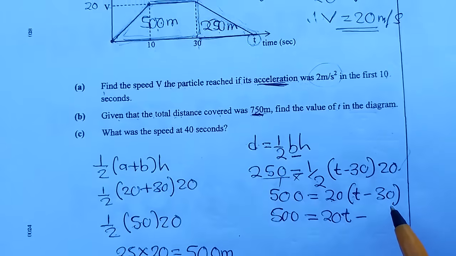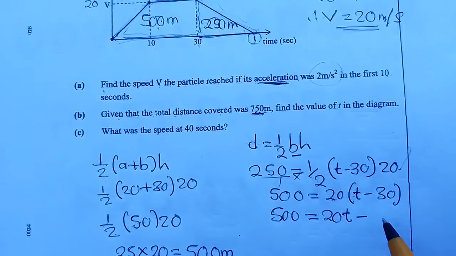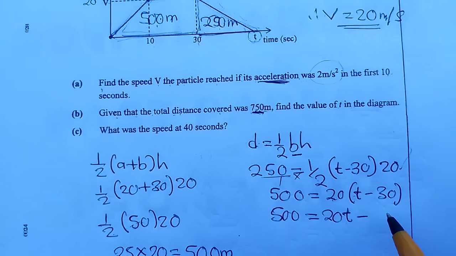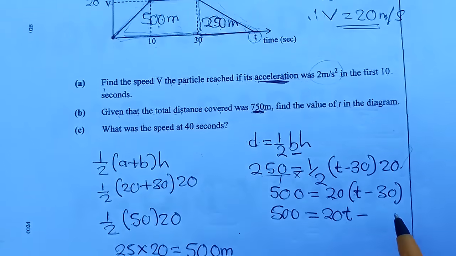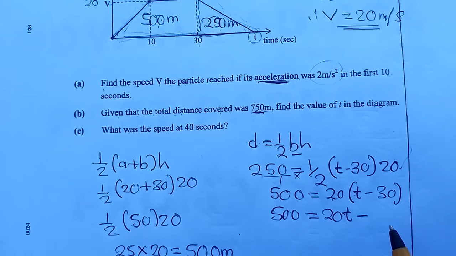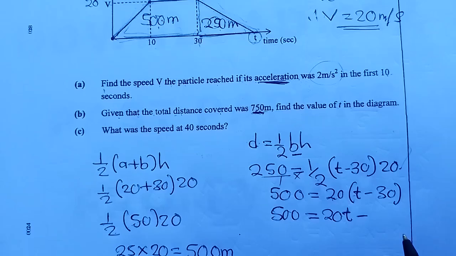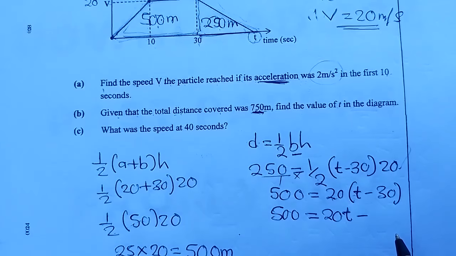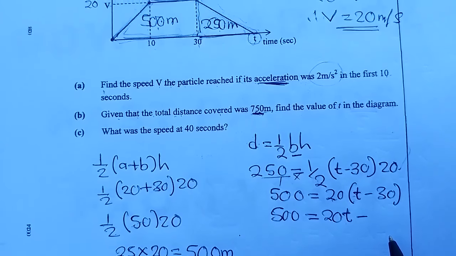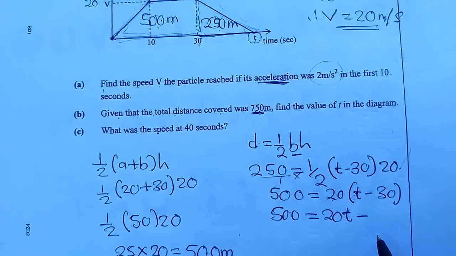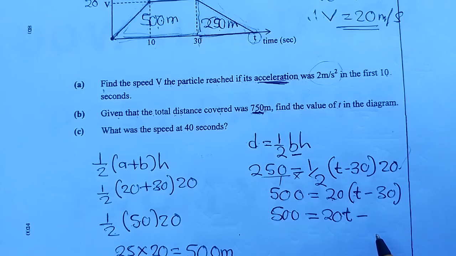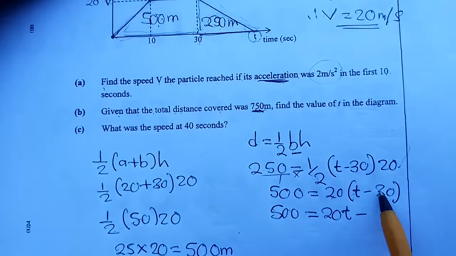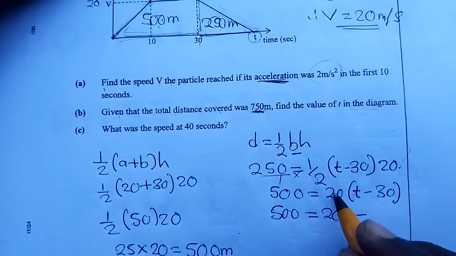So when you say 20 times 30, what answer are we going to get on that? It's 2 times 3, it is 6. So 20 times 30, what answer are we going to get? 600. 2, 6, then 0, 600.